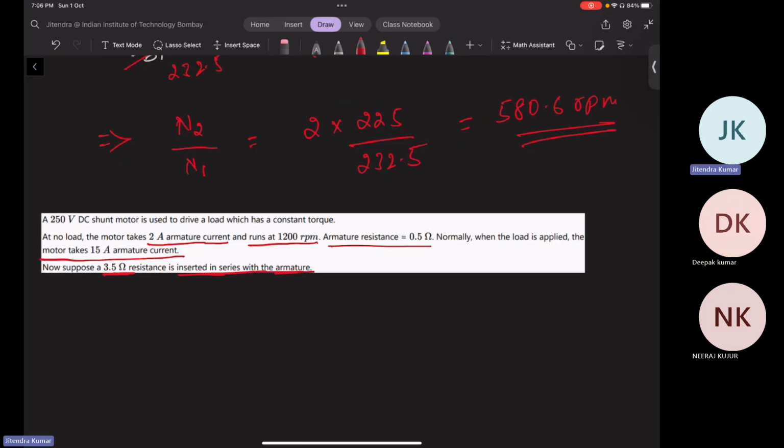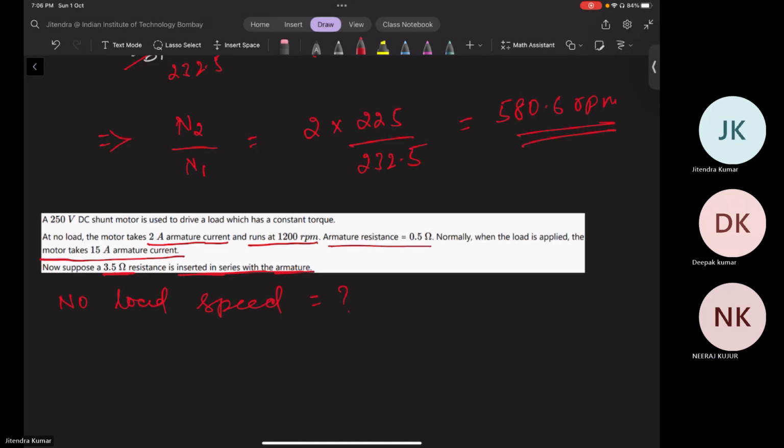Now, what will happen to the no load speed after the insertion of that 3.5 ohm of resistance? Sir, no load speed will remain the same.